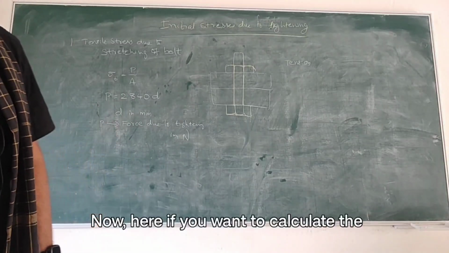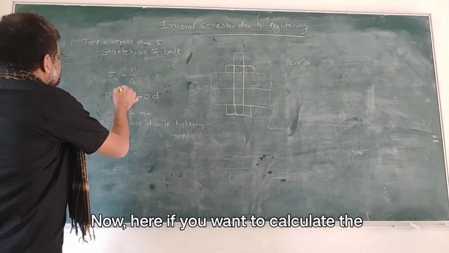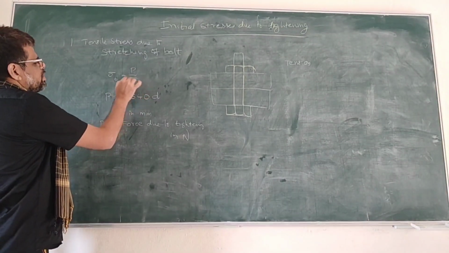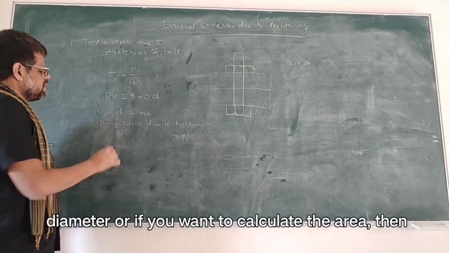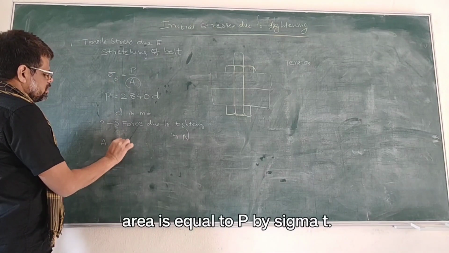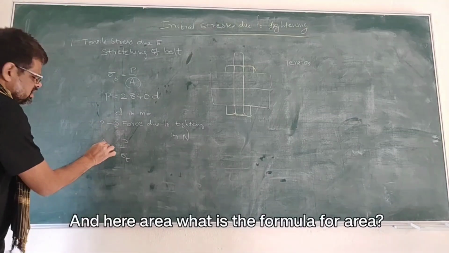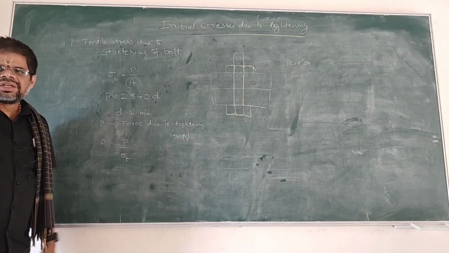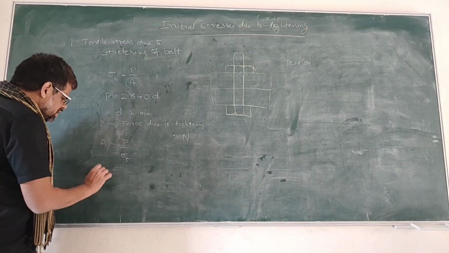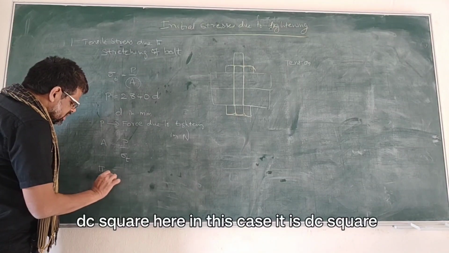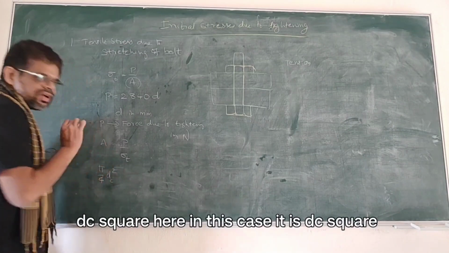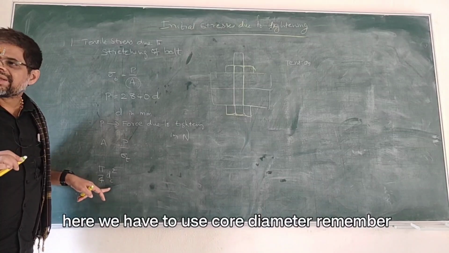Okay. Now, here if you want to calculate the diameter or if you want to calculate the area, then area is equal to P by sigma T. And here area, what is the formula for area? Pi by 4 Dc square. Here in this case it is Dc square. Here we have to use core diameter.